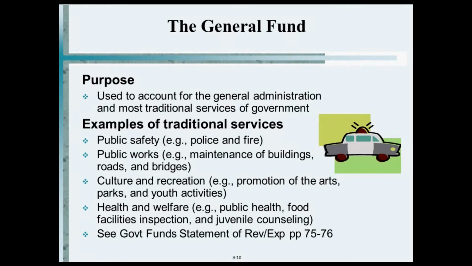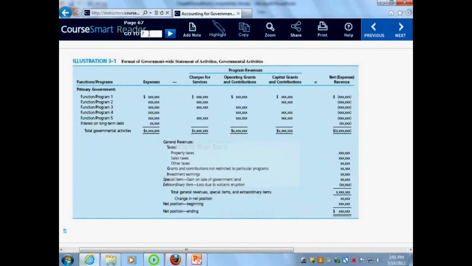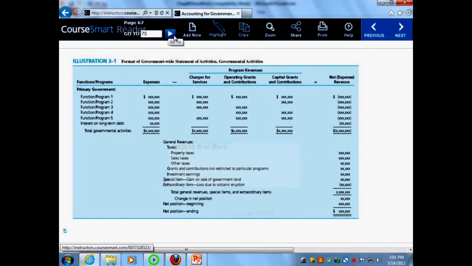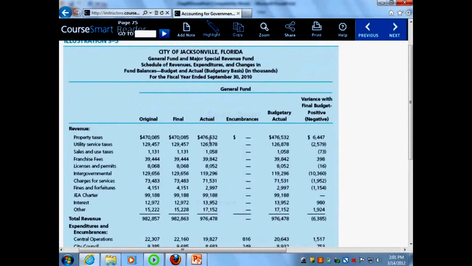So what I'm going to do now is show you a statement which does that. Just look at the format for the time being, okay? First of all, this is a budgetary statement.